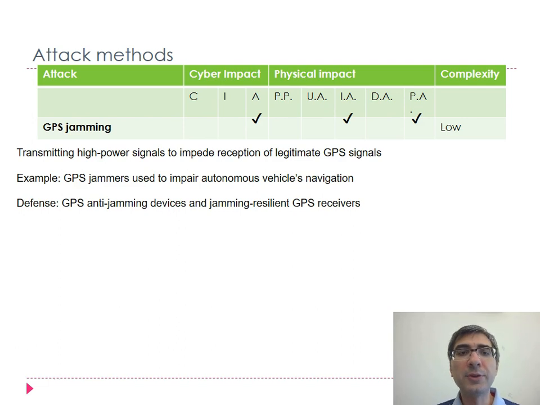And then there is GPS jamming, which just like communication jamming, after all it is a communication jamming type, is about transmitting high power signals, so creating interference that will impede the reception of legitimate GPS signals.